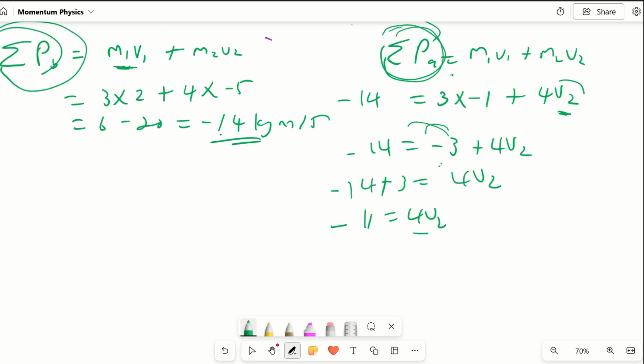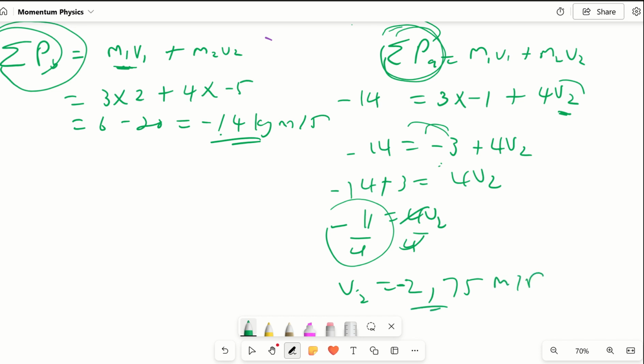Therefore, V2 is equal to minus 11 divided by 4. Quickly, it is 2.75, negative, meters per second.